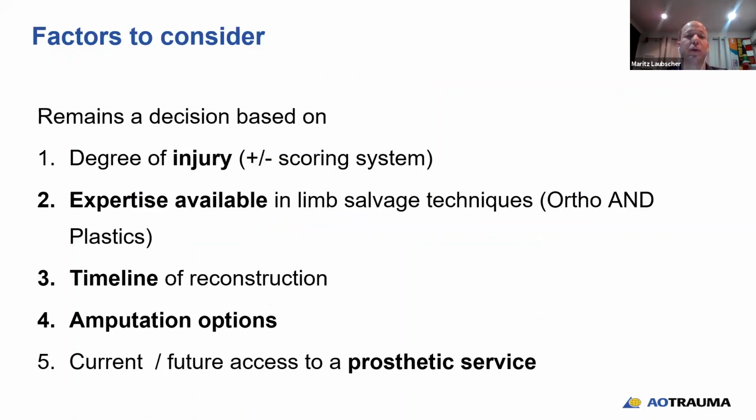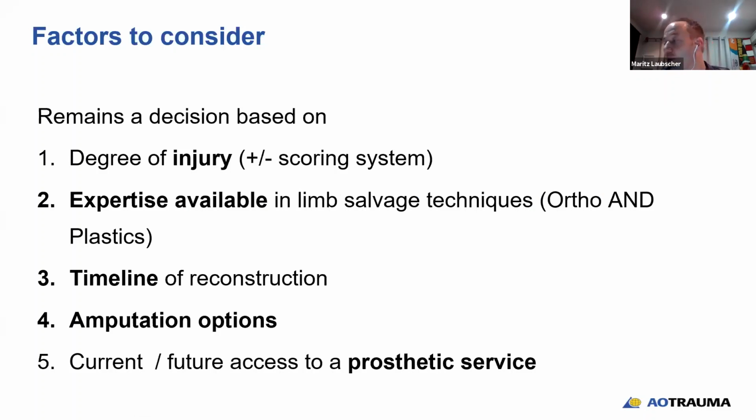So the decision to amputate or reconstruct a limb in an acute situation is based on the degree of injury. You can use a scoring system here to guide you. It also depends on the expertise available in limb salvage, and this is not only orthopedics, but normally also plastic surgery that's needed.